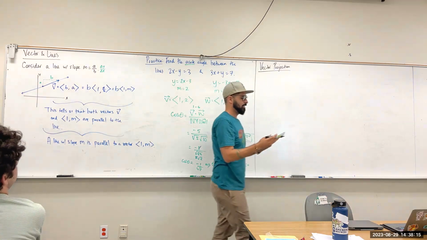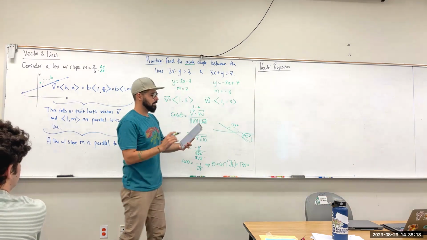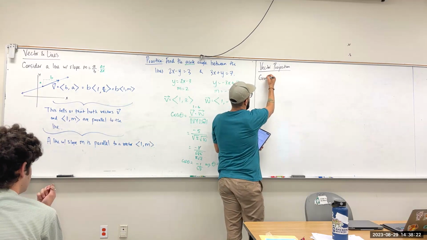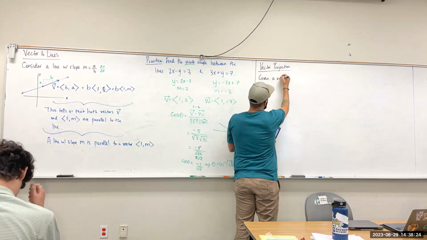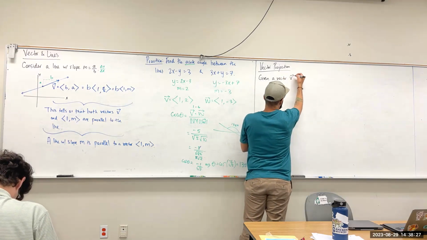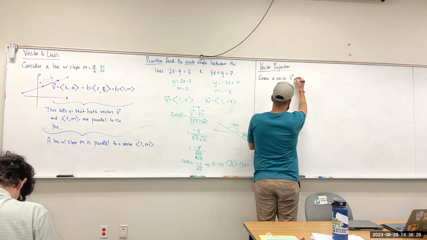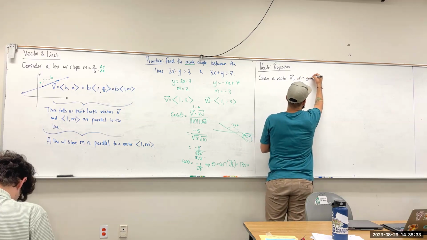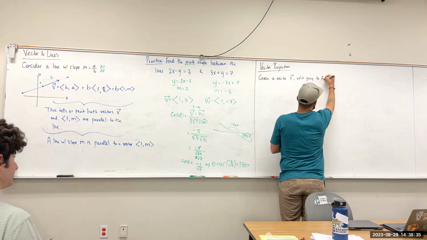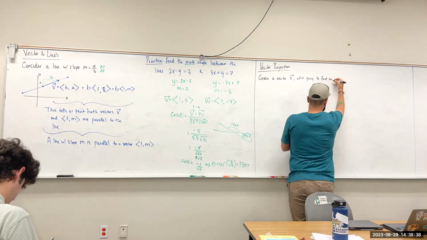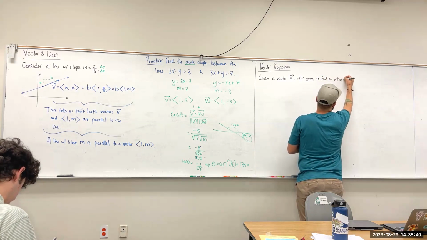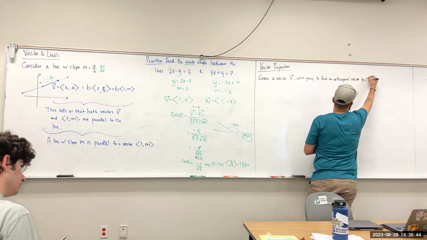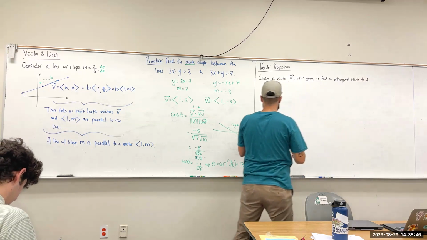But let's see how we're going to do that. How do I cast a shadow in math? So, given a vector V, we're going to find an orthogonal vector to it.